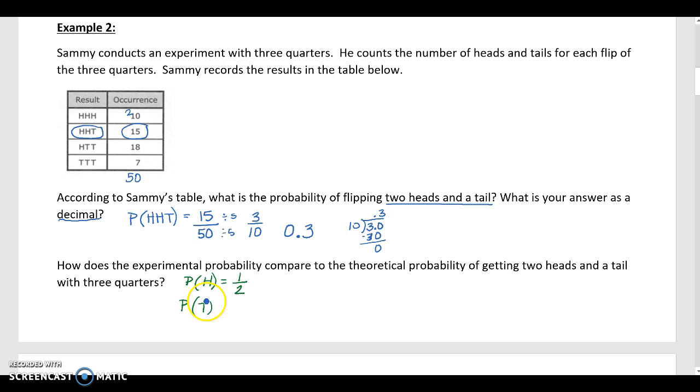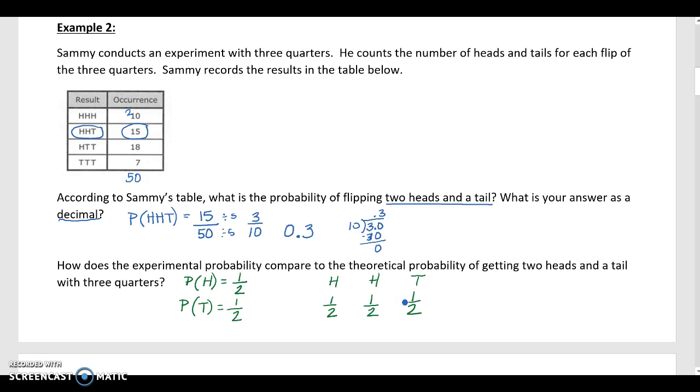Probability of getting tails is 1 tail, 2 sides of the coin. So we're talking about 2 heads, so heads, then heads, and a tails. So heads is 1/2, tails is 1/2, and heads is 1/2, heads is 1/2, tails is 1/2.